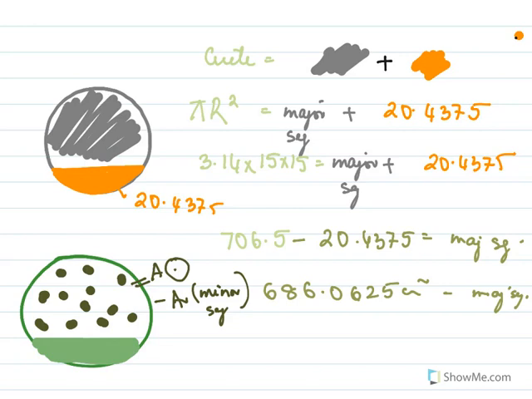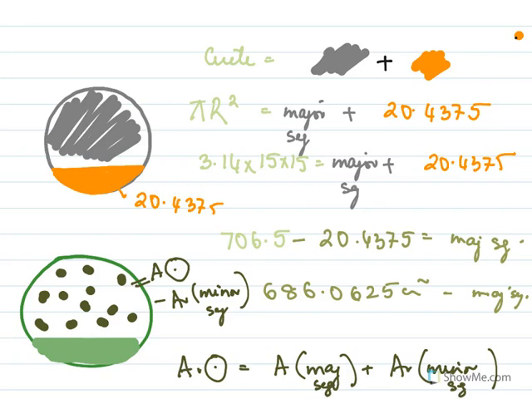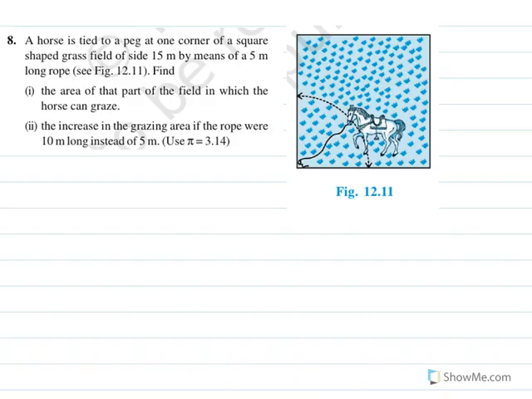Why is that so? Because the whole circle is made up of the major segment plus the minor segment.